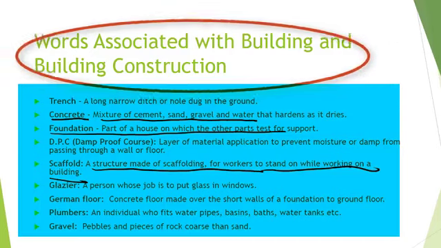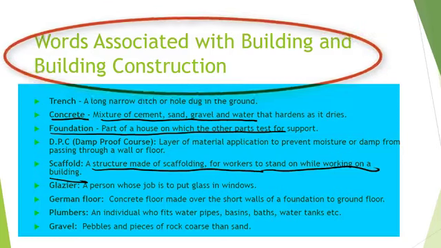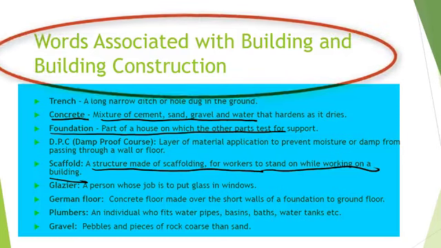So the structure is to provide support to the workers during their construction. Then we have also what is called the German floor. German floor simply means a concrete floor made over short walls.